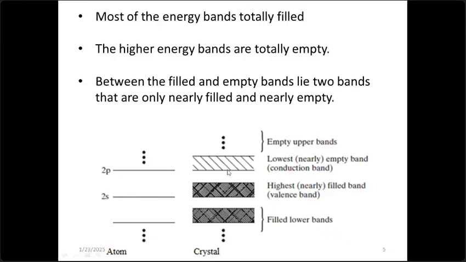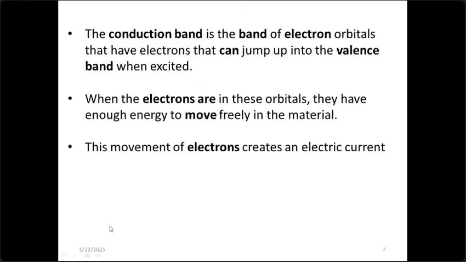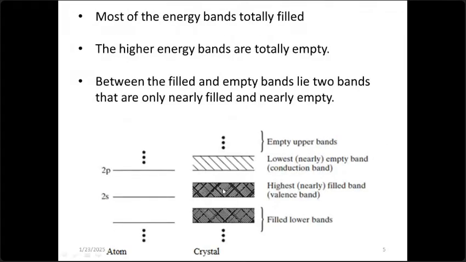So let me take you back to this diagram. If an electron leaves the valence band and goes to the conduction band, it leaves behind a vacancy or empty space, as somebody put it, if we are looking at a room. So in electronics, we say if an electron moves, it leaves behind a vacancy, and that vacancy is known as a hole.